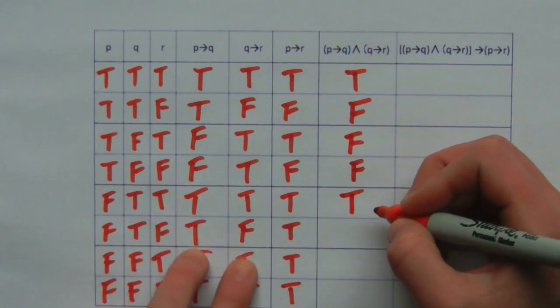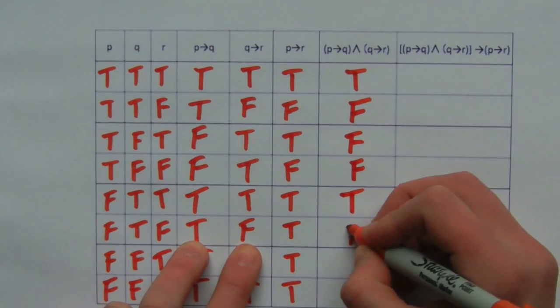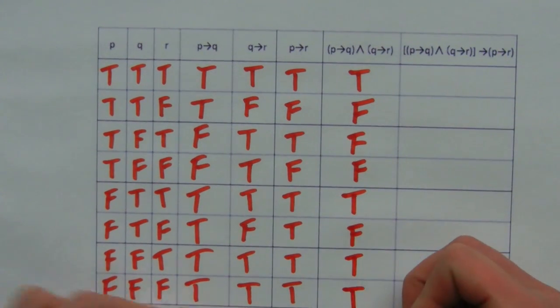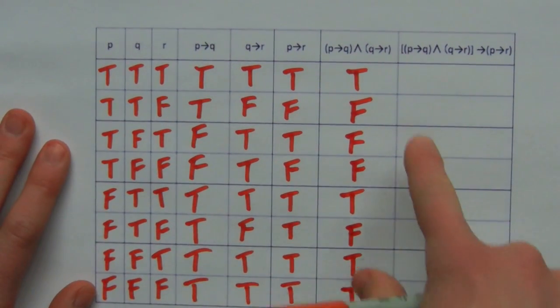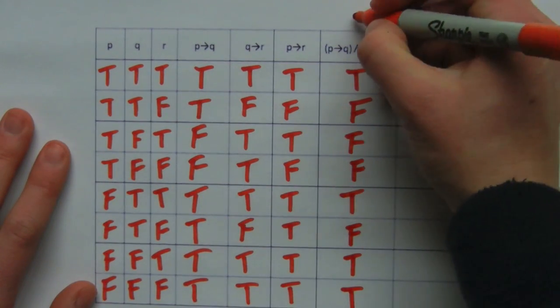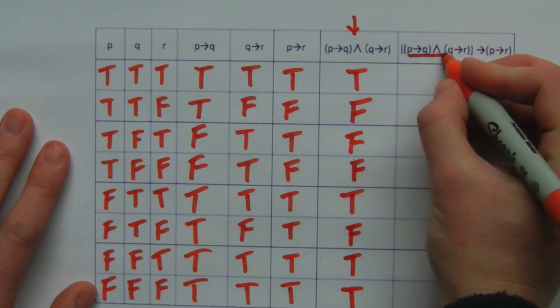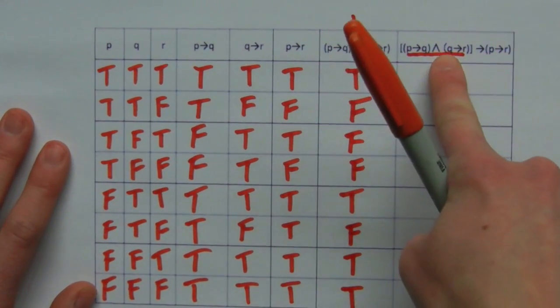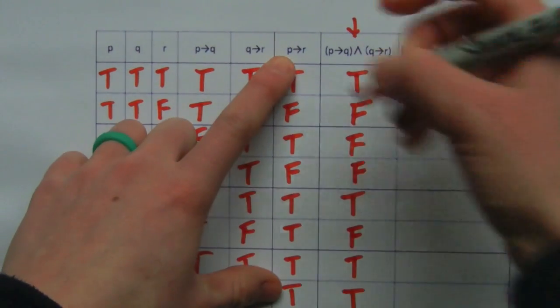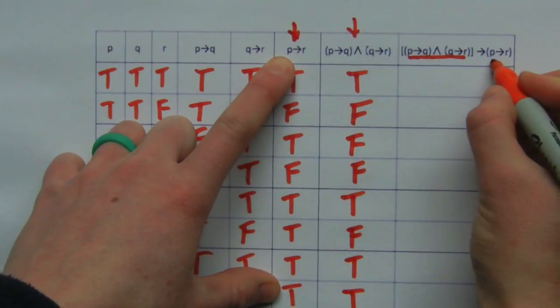Both are true. One is false. Both are true. And both are true. So now we're going to look at P implies Q and Q implies R, so this column here, and we're going to see what we get if that implies our P implies R column, that one there.